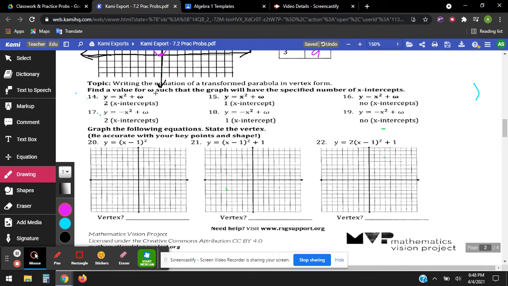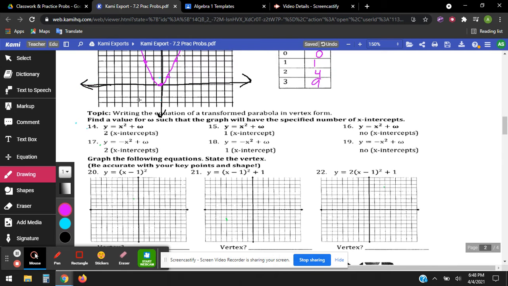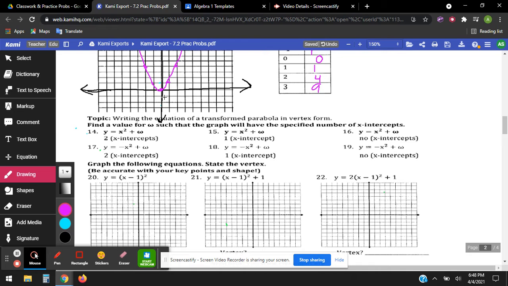Find the value for w such that the graph will have a specified number of x-intercepts. So let's mark over there. If I need 2 x-intercepts, that means I need to move this down so that my parabola will cross the x-axis.